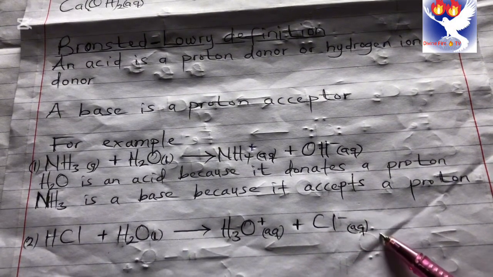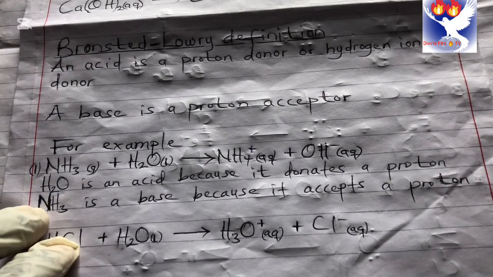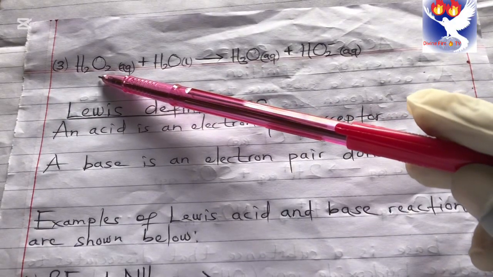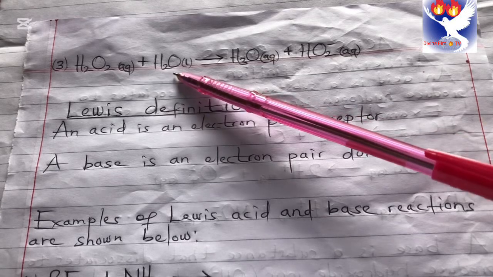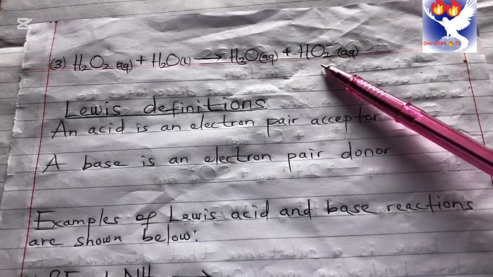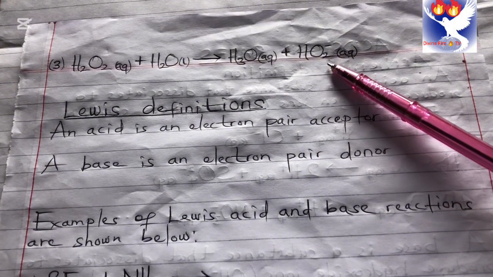Now let's look at the next reaction. Hydrogen peroxide reacts with water to produce hydronium ion and HO2 minus.